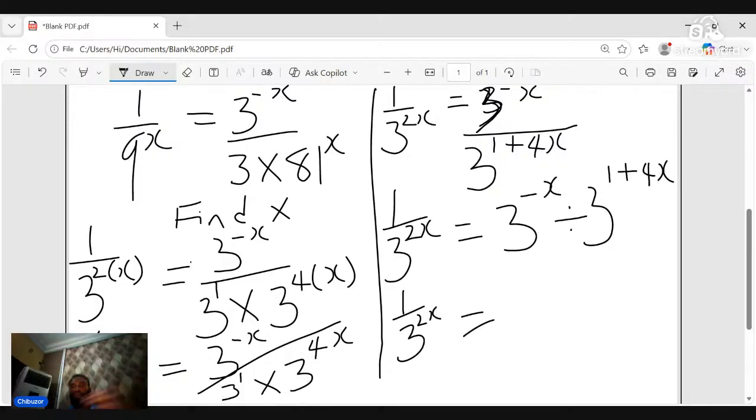Also, in the law of indices, we have the division law stating that a to the power 4 divided by a to the power 3 will be a to the power 4 minus 3. So we apply the law here.